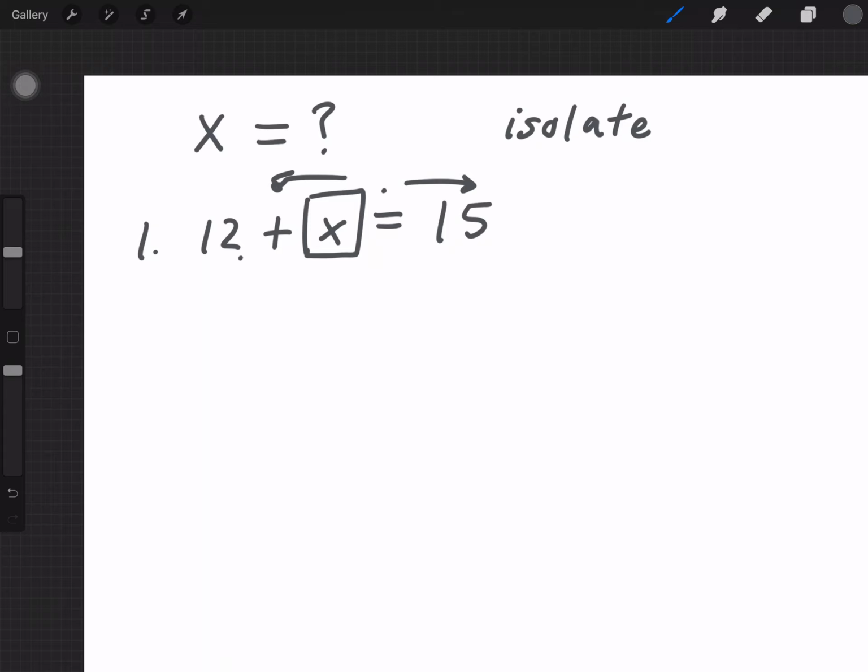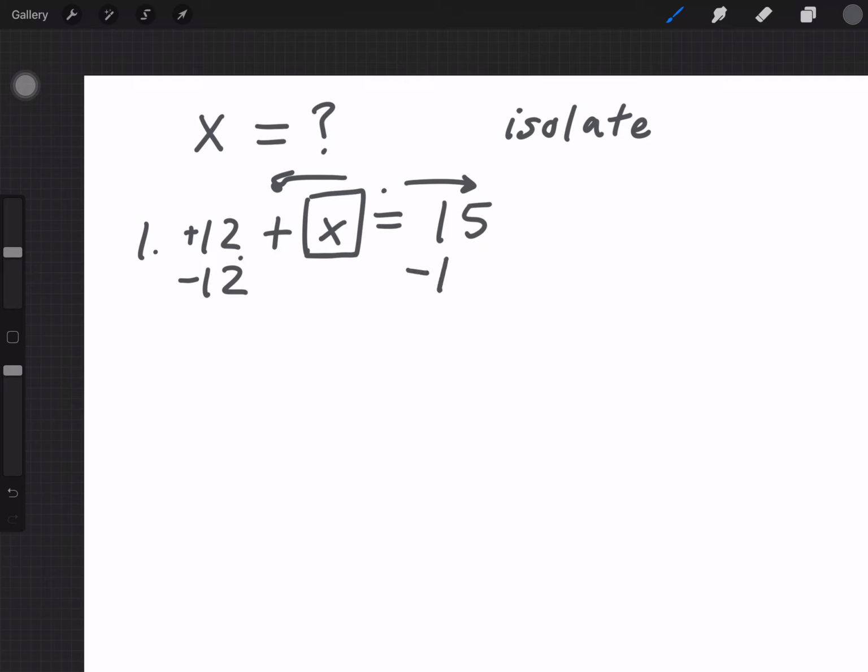It doesn't say, but this is a positive 12. And what we're going to do is the opposite of that. So we want to get rid of the 12. So obviously we're going to minus the 12. So 12 minus 12 is equal to 0. But the thing is that it's an equation. So whatever you do to one side, you have to do to the other side.